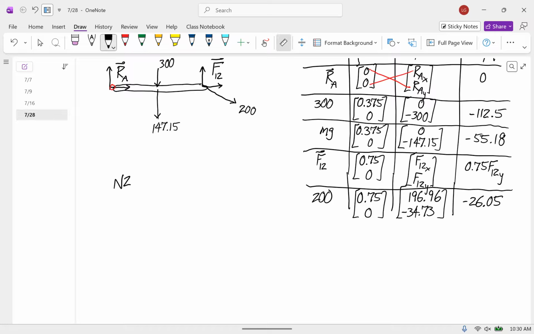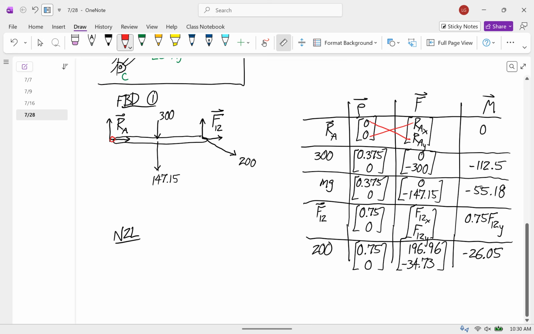And now I'll go to Newton's second law. We're just going to add up all of these forces in the force column and set it equal to 0.